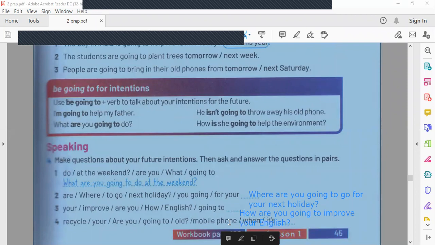The next one. Are you going to recycle your old mobile phone when it's old? Let's write the answer here.